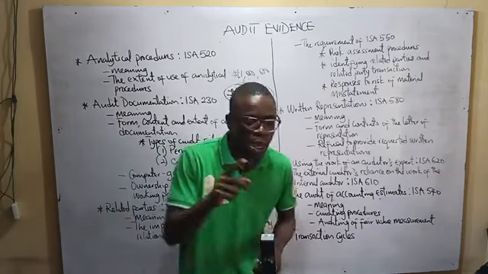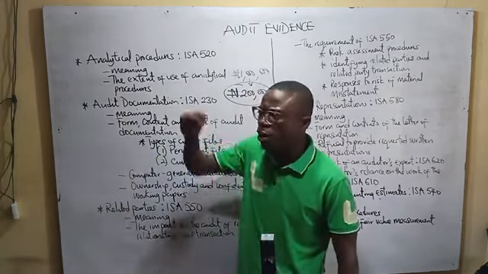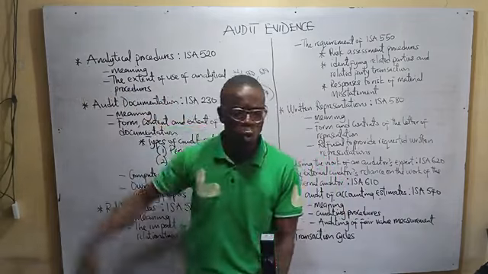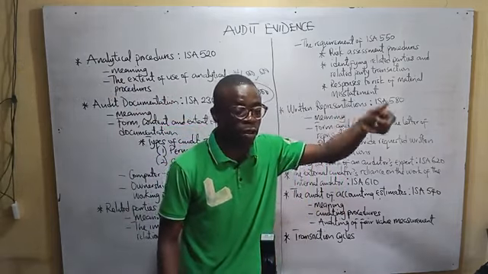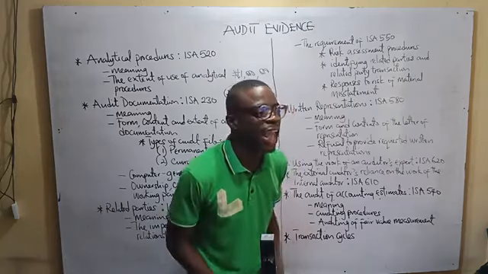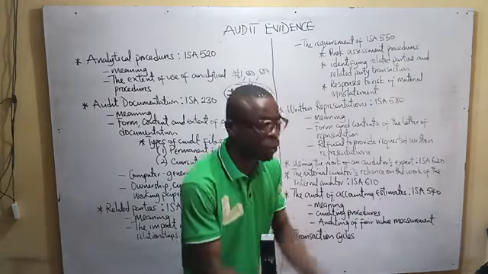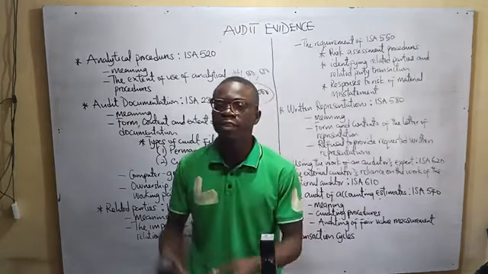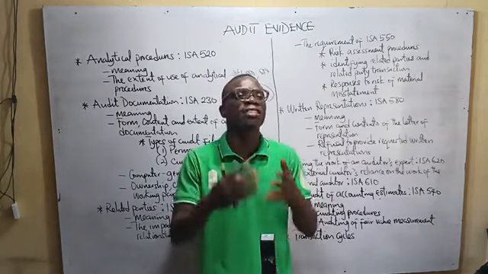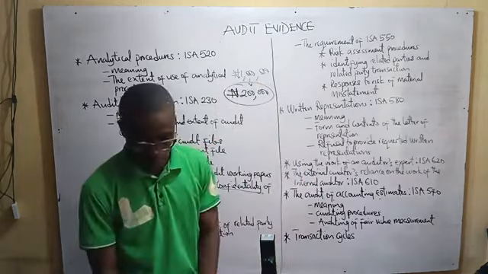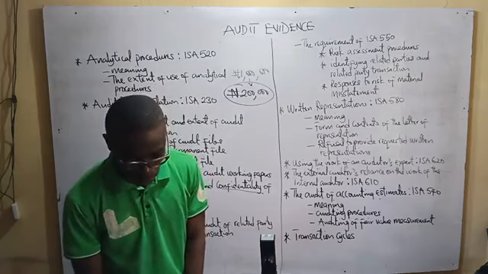That means the auditor may require the management to write a written representation that they have prepared the financial statement, and the preparation of the financial statement is their responsibility. Am I communicating?